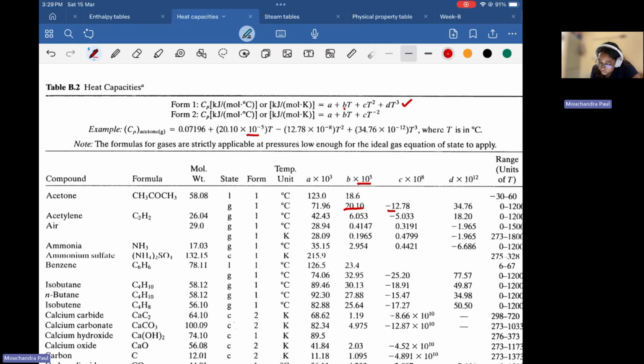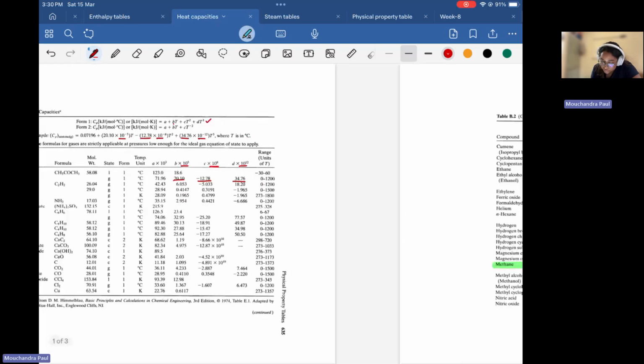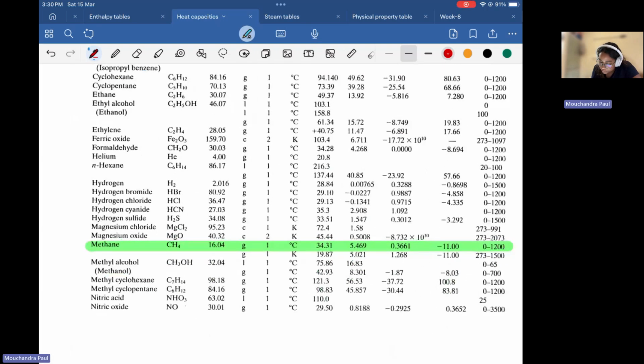Similarly, minus 12.78 into 10 to the power minus 8, then 34.72, 10 to the power minus 12. So you have to follow the same convention when we write for methane as well.